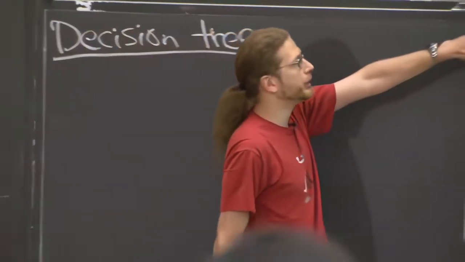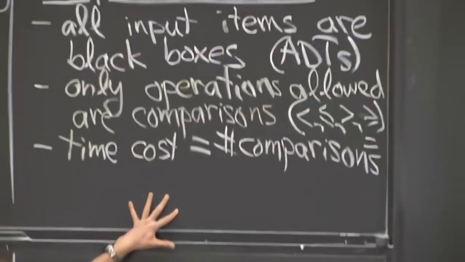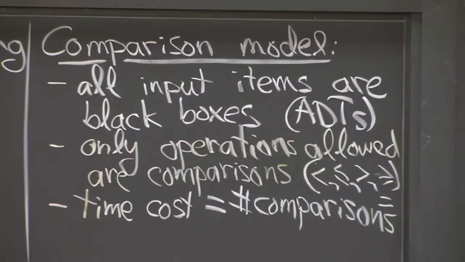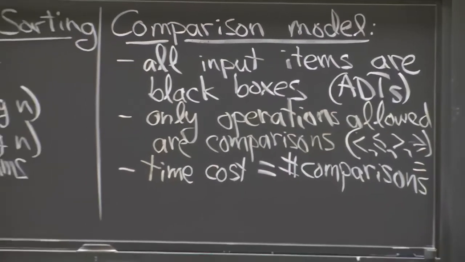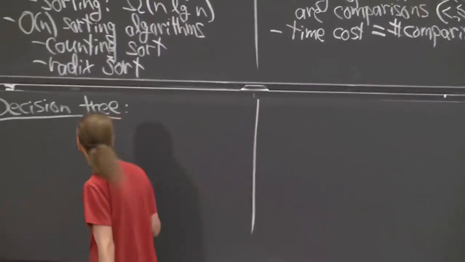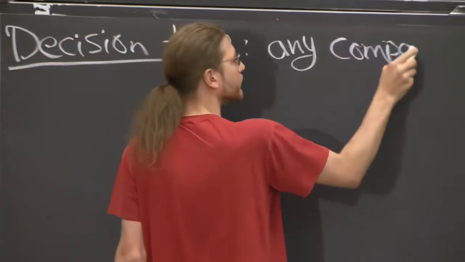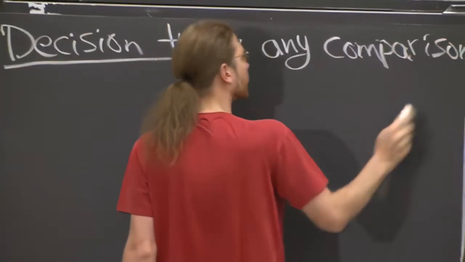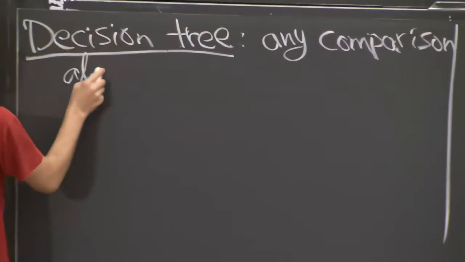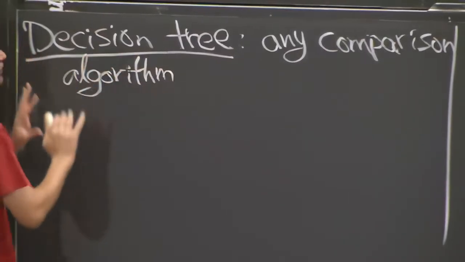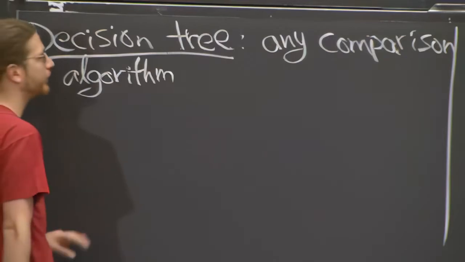If we know that our algorithms are only comparing items, we can draw all the possible things that an algorithm could do. So any comparison algorithm, this focusing in on comparisons lets us take a tree perspective of what our algorithm does.